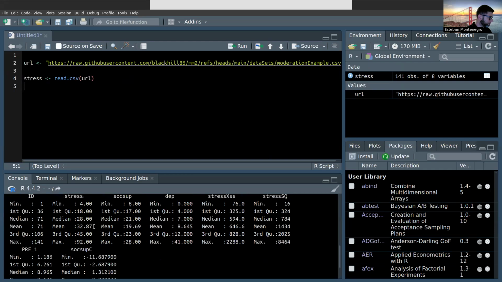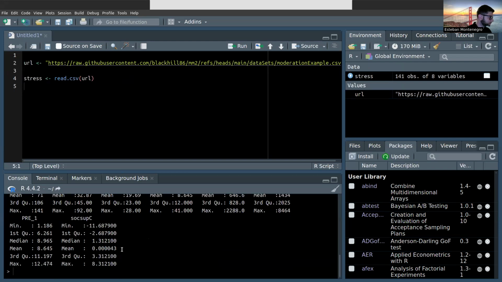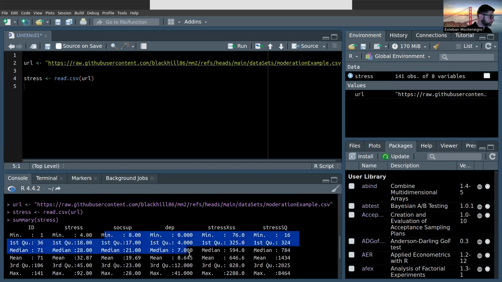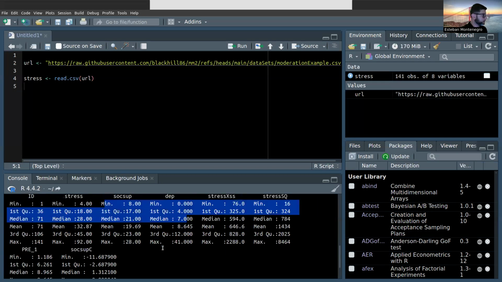Let me see. No, they are not. Yes, they are not in a standardized metric. And that's okay. That's totally fine. Yeah, probably this one, social support C probably is. But yeah, these ones are not. So yeah, that's fine.